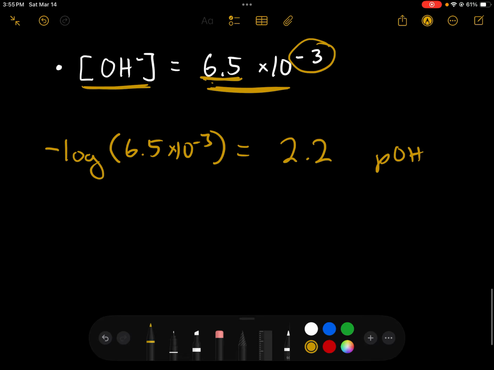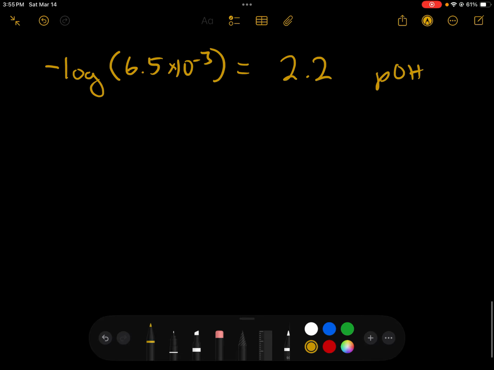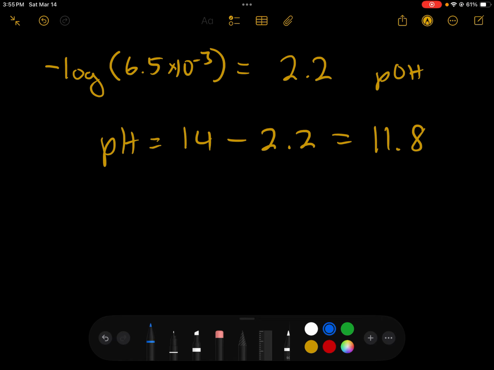So to get pH, I'm going to take 14, and I'm going to subtract my pOH value from it. And that gives me 11.8. Once again, I would like to remind you about sig figs.